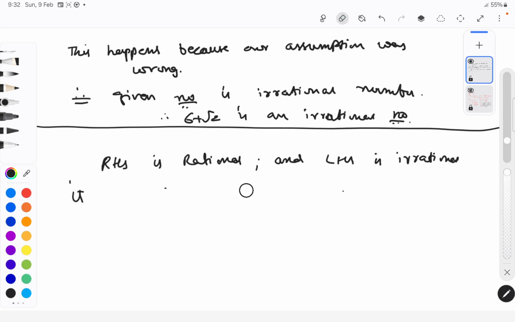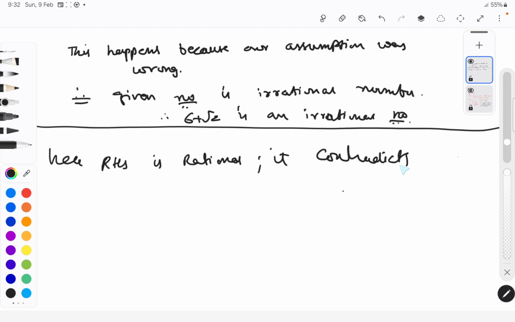You can follow from our textbook also. We'll write like this. Here RHS is a rational number. It contradicts the fact that root 2 is an irrational number.